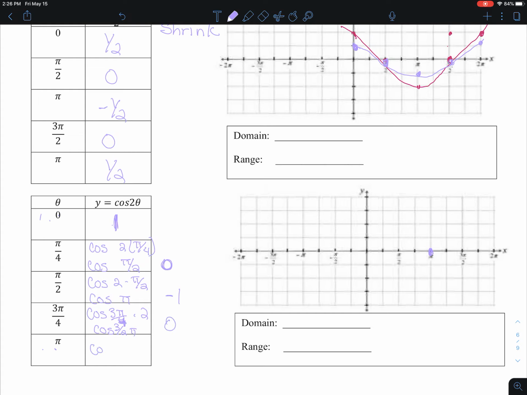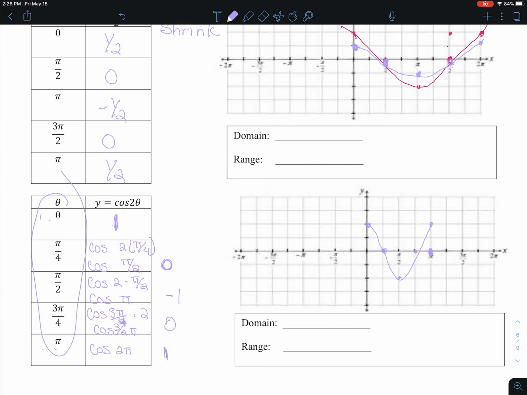And then, of course, when we go back to pi, that's the cosine of 2 pi, which is 1. So that looks like it's all doing it, but notice that my theta has changed, so it's going to do a full cycle in 1 pi's time. So this period changed.